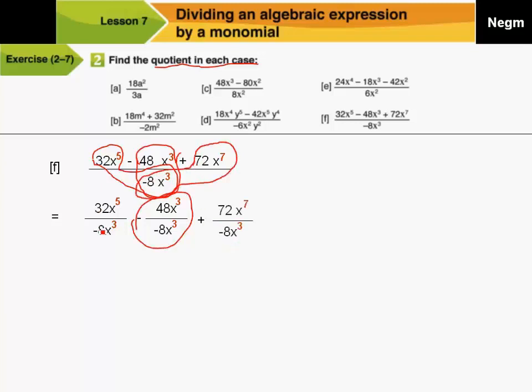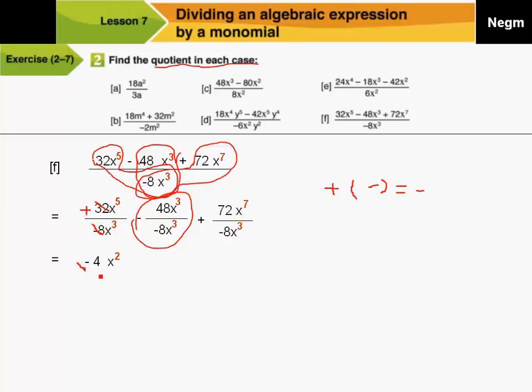Also, it becomes very easy because we have to divide numbers by numbers. As I told you, we have plus here and minus here. Plus divided by minus is the same as plus multiplied by minus. Plus multiplied by minus is equal to minus. So plus divided by minus is minus.